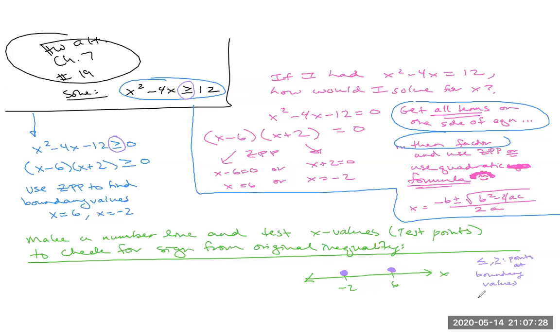If you were to have a strictly less than or greater than sign, you would have holes there. All right, so then the test points come in.